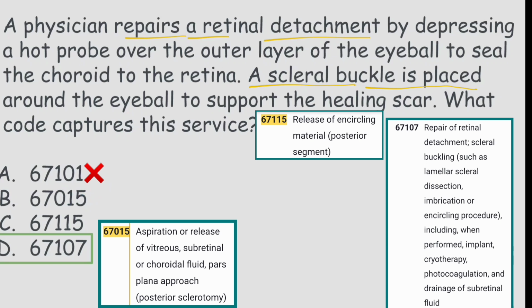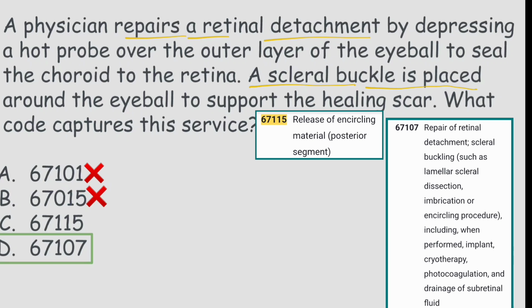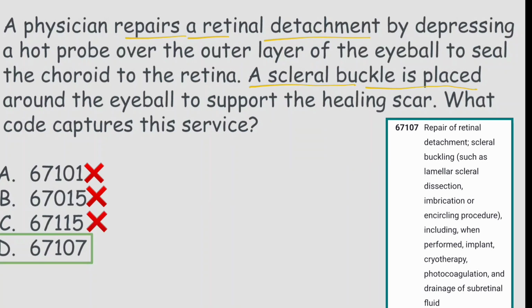So eliminate option B. And option C 67115 is for release of encircling material posterior segment. So that is also not matching with the scenario. In this scenario, the physician is repairing a retinal detachment and scleral buckle is placed to support the healing scar. So option C 67115 will be wrong. Option D is the right answer.